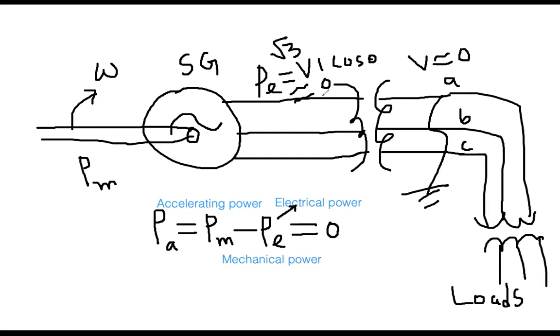Now everybody see this equation. If your Pe becomes 0, what should be the result here? There will be a positive value, right? It will no more be 0. There will be some positive value, because I am assuming that Pm is constant.